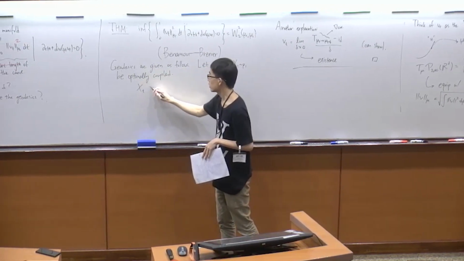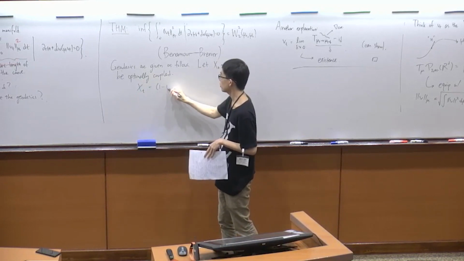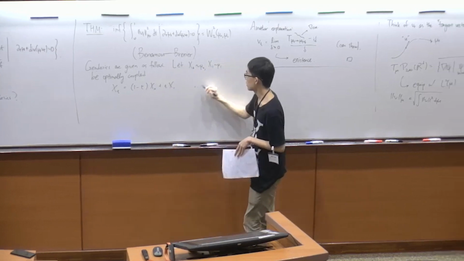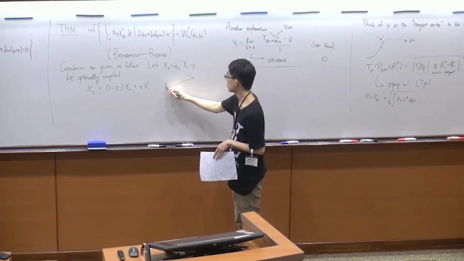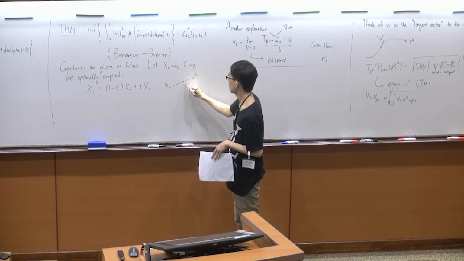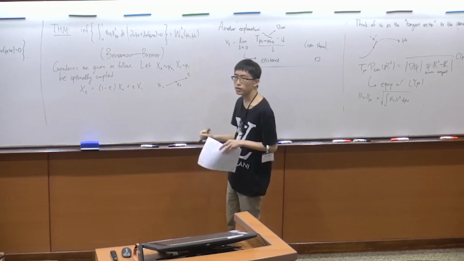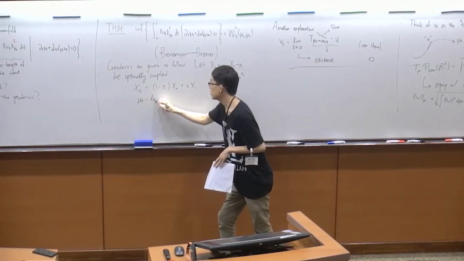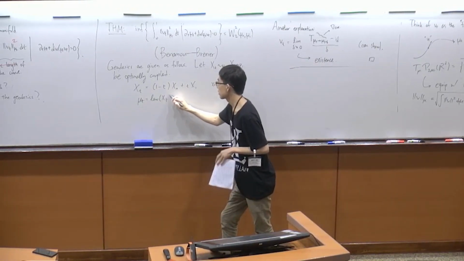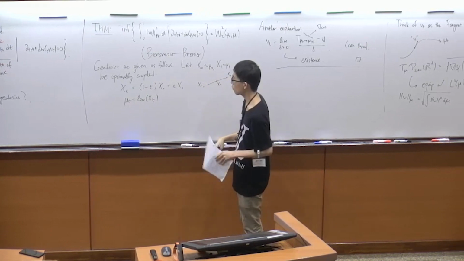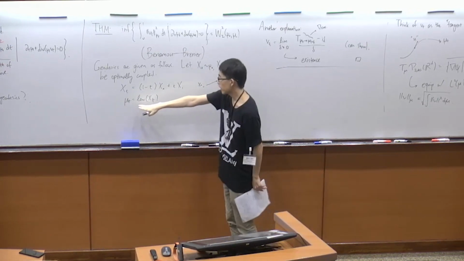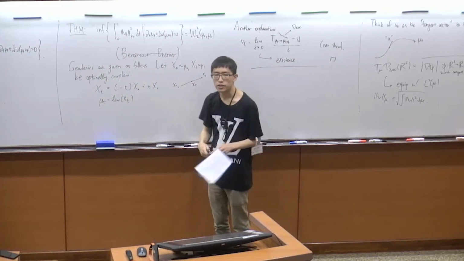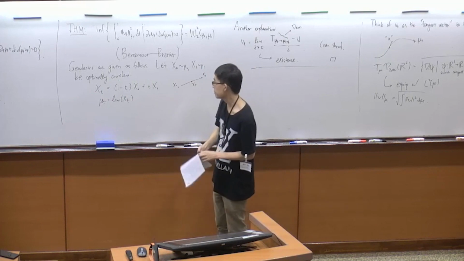Now I'm going to interpolate between these two random variables linearly. I just draw the straight line joining x0 to x1, and xt is the point on the straight line interpolation. And then mu t is going to be the law of this random variable. I claim this curve of measures mu t is the Wasserstein geodesic that joins mu0 to mu1.